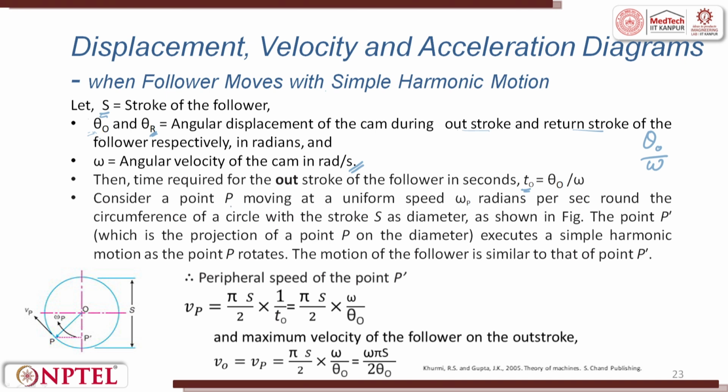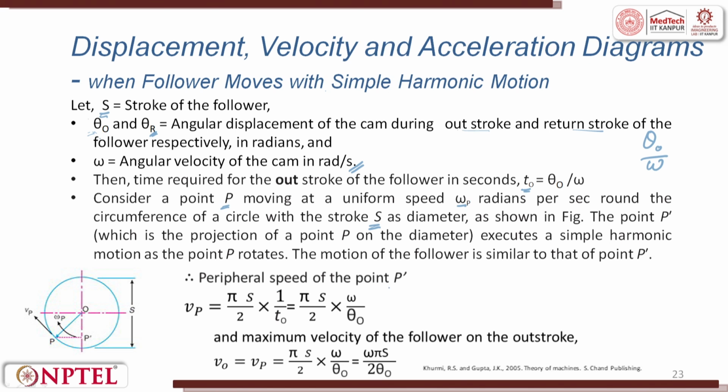Consider a point P that moves at a uniform speed omega P radians per second around the circumference of a circle with the stroke S as the diameter, as shown in the figure. The stroke is S, P is a point, and omega is the angular velocity shown in the figure. The point P dash executes a simple harmonic motion as the point P rotates.